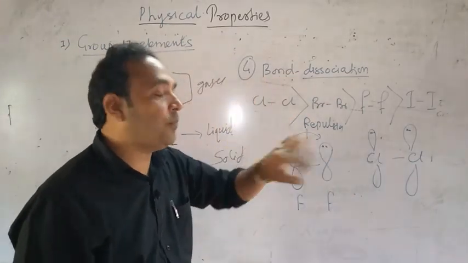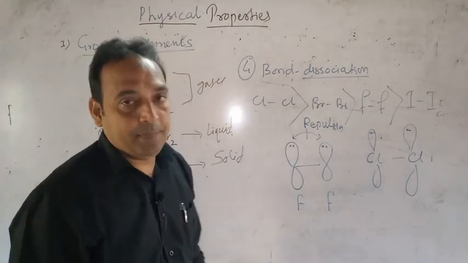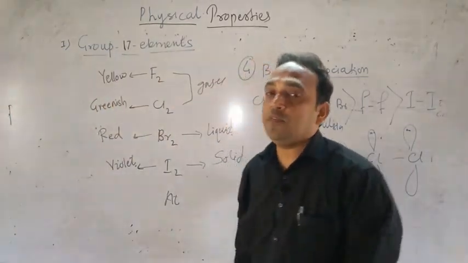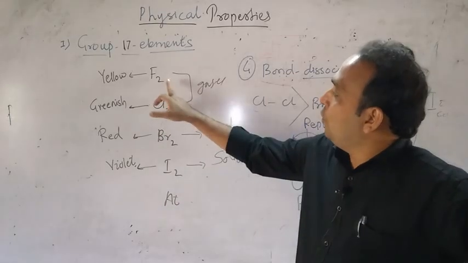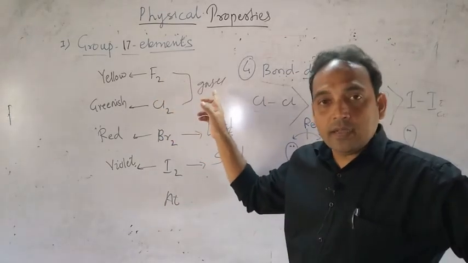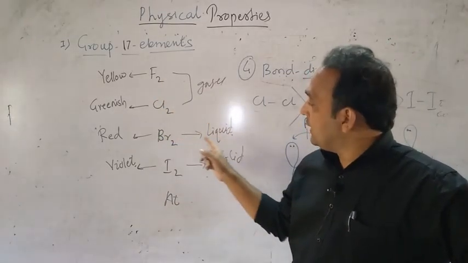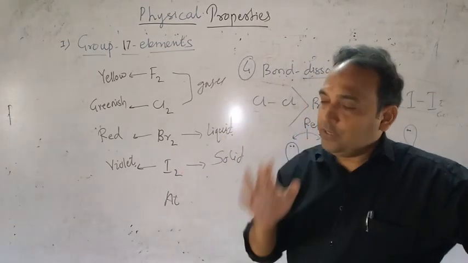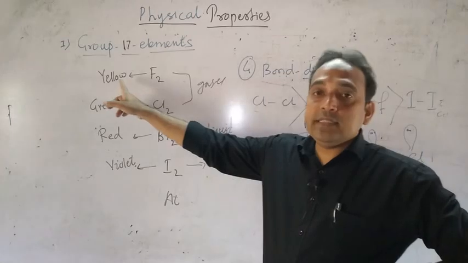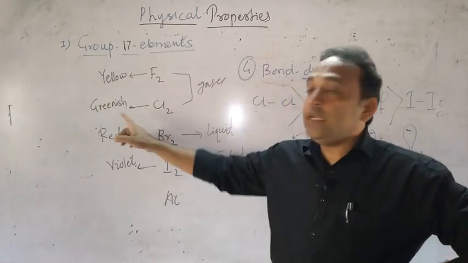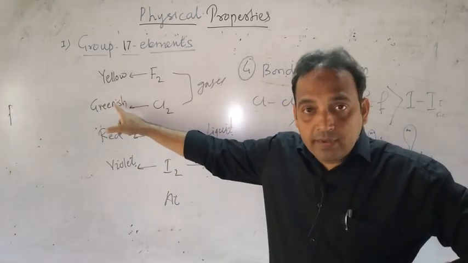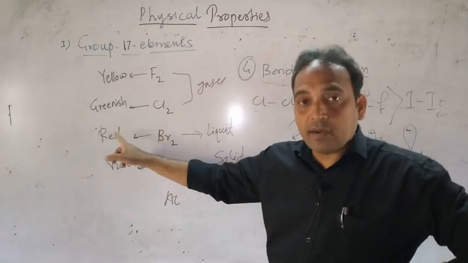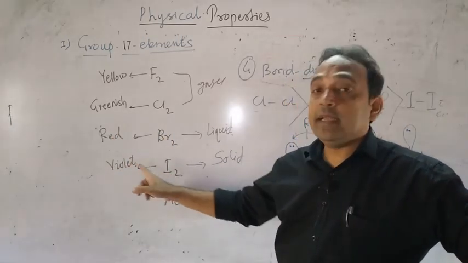So what is the first physical property of halogen family? Now fluorine and chlorine are gases, bromine is liquid, iodine is solid at room temperature. Second one, fluorine is yellow in color, chlorine is greenish yellow, bromine is red in color, iodine is violet.